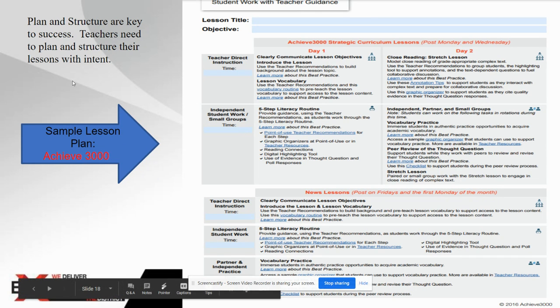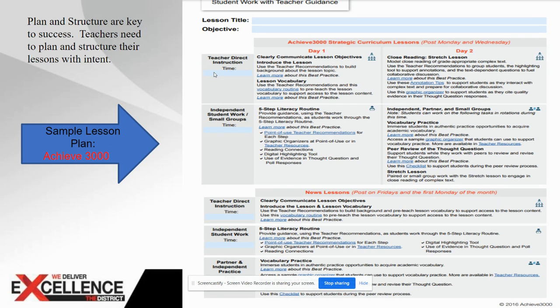When we are planning and structuring what the students are doing, we want to think about and consider the time allotment for each one of the components. We want to think about what is actually going to happen when we release them to independent work. Right now, like we said before, it's better to go slow to go fast. So really consider looking at these sample lesson plans to give you a starting point or to give you a place to further your instruction and support for yourself.